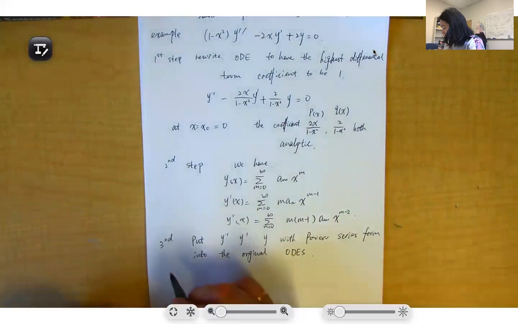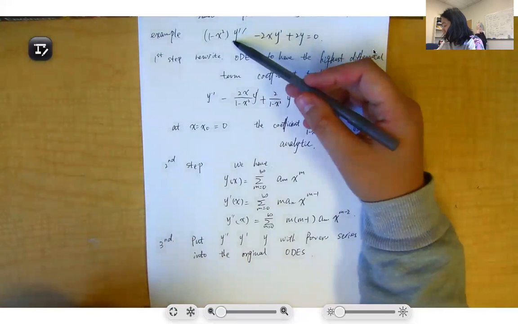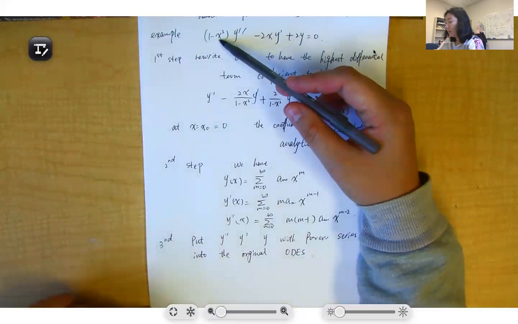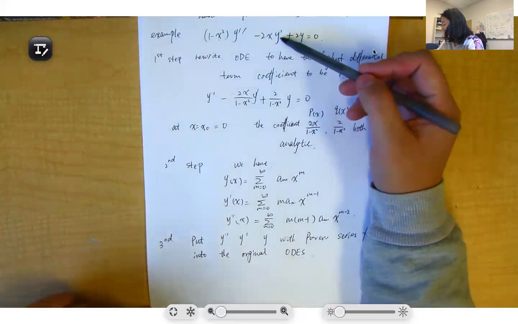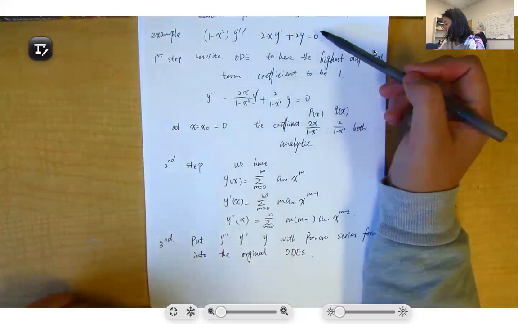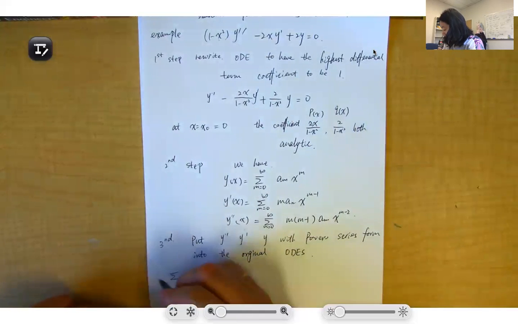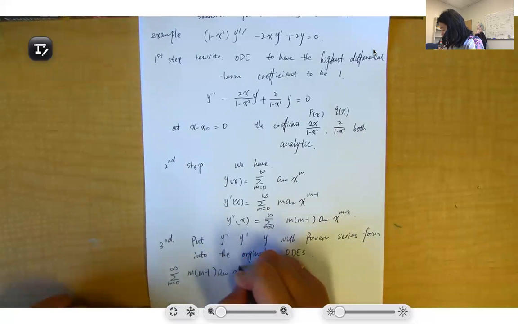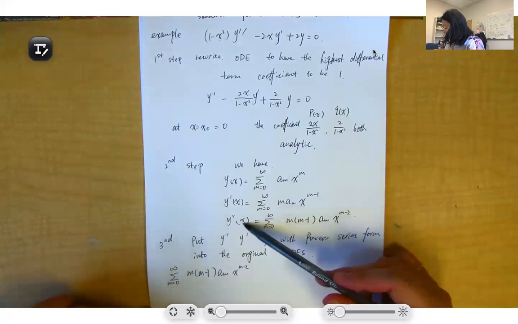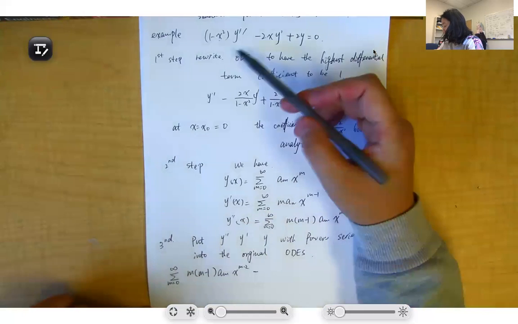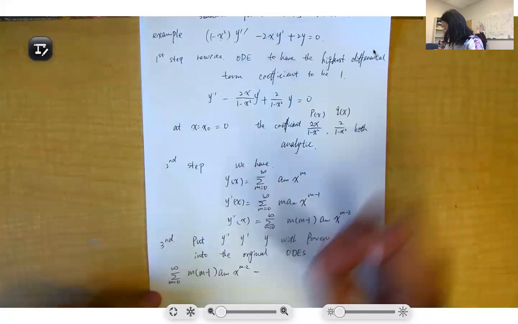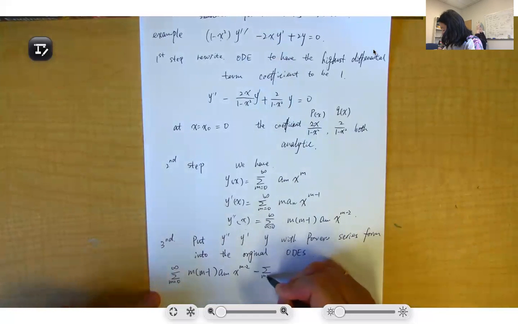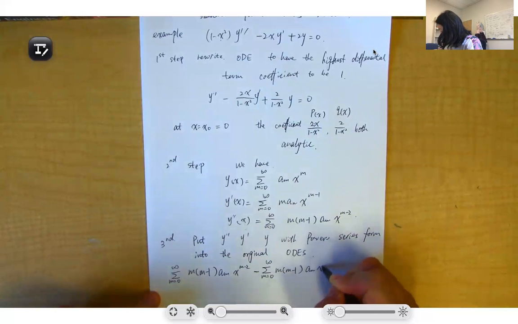We have basically 1 minus x squared y double prime minus 2x y prime plus 2y equals to 0. Then we have the sum from m equals 0 to infinity m times m minus 1 a_m x to the m minus 2. That is the y double prime term, and minus x squared times y double prime will be similar to the first term, a_m x to the m.